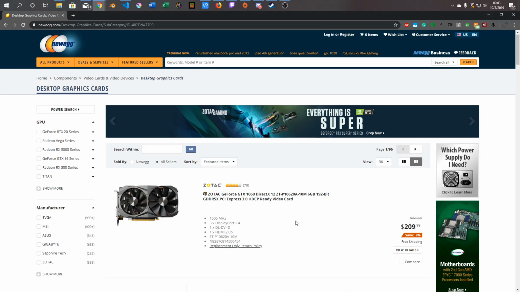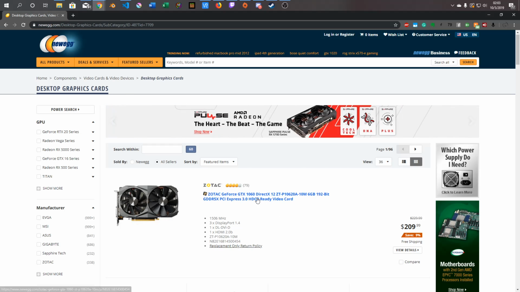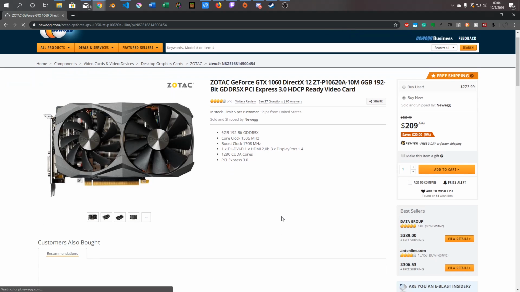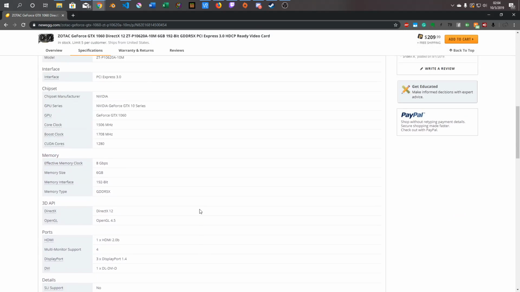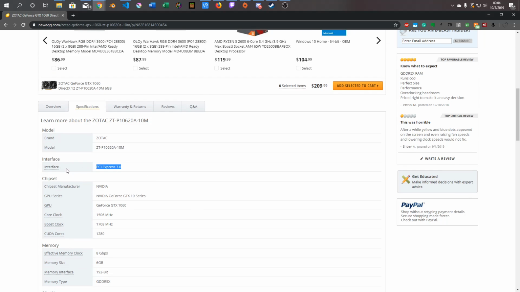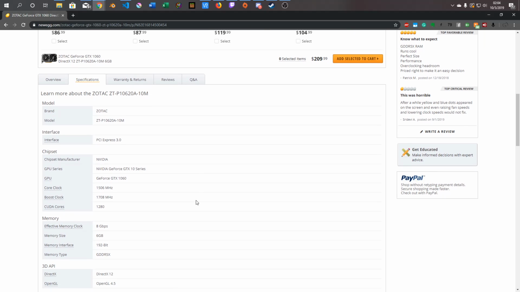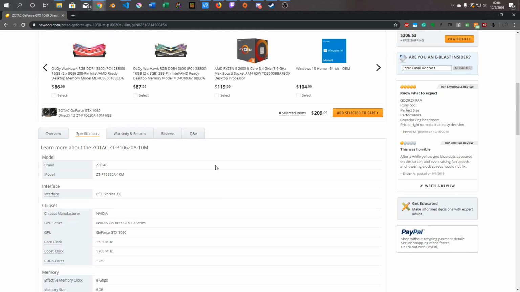So, primarily, you just want to look for the, let's just click on this one, you want to look for the PCI bus. It doesn't matter what brand you go. You want to look for the interface, as it's known. I don't really know why it does that. And that pretty much tells you whether it's going to fit in your board or not.